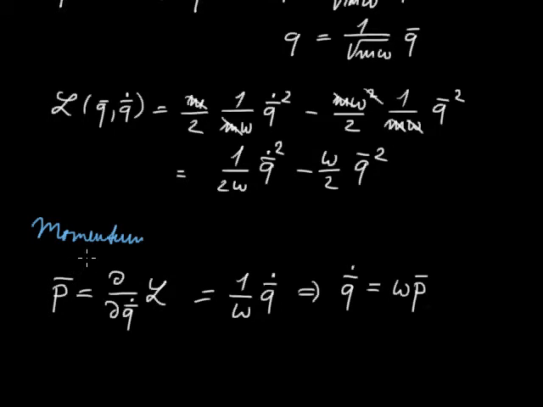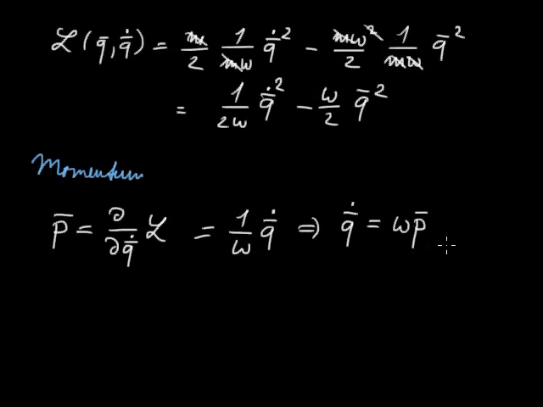Alright, so I'll do that. Now with this knowledge I can define the Hamiltonian, and the Hamiltonian as a function of p and q is defined by a transformation which is called the Legendre transformation, and that's the transformation which goes this way.